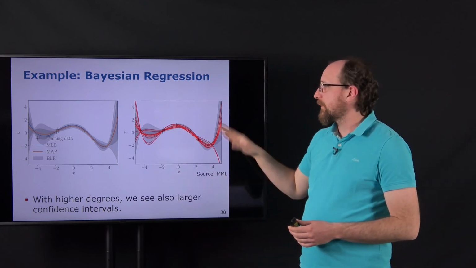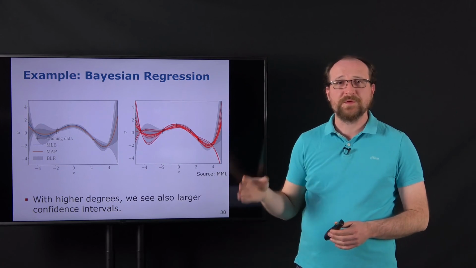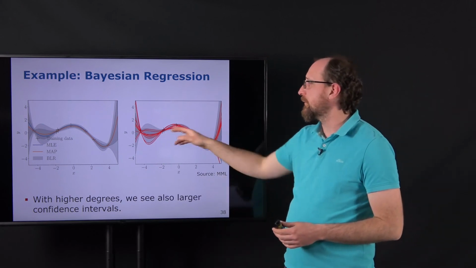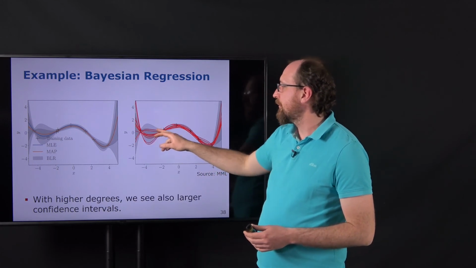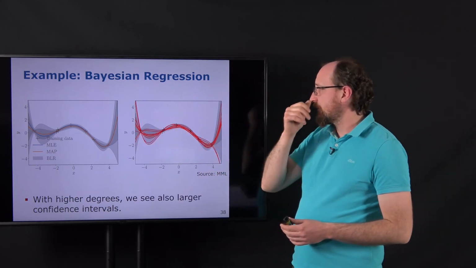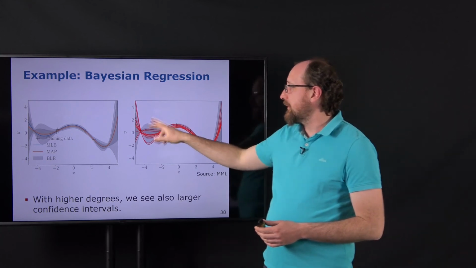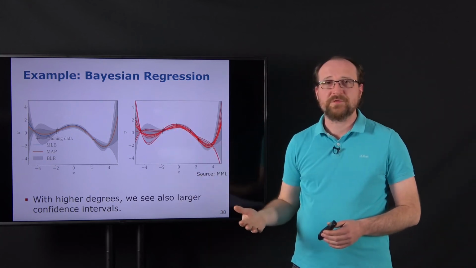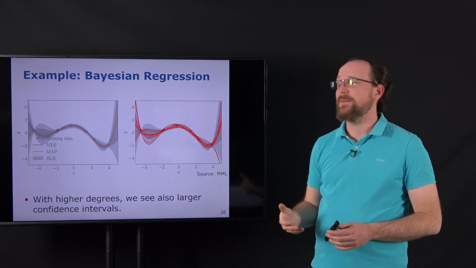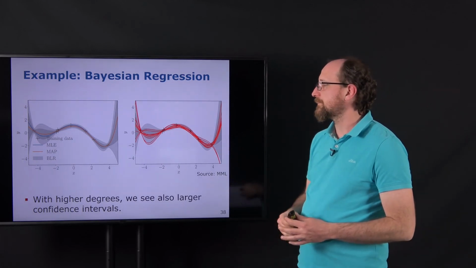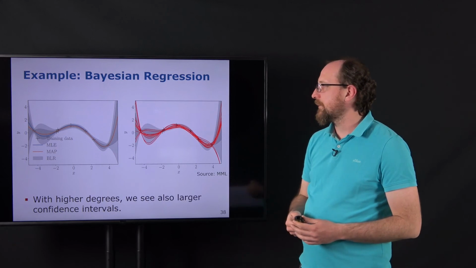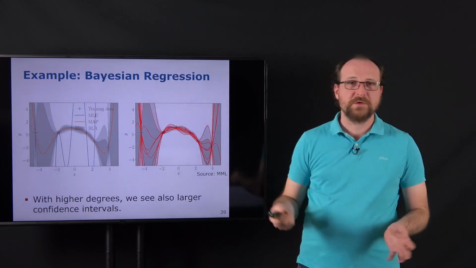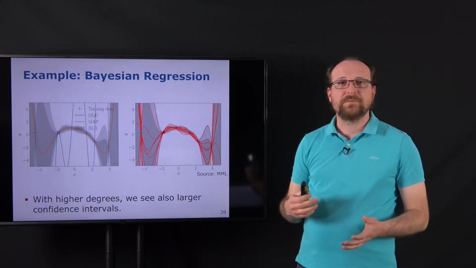We can have different explanations that are equally good in fitting the individual points, but in between the function can vary much more, and this comes from the higher degree.